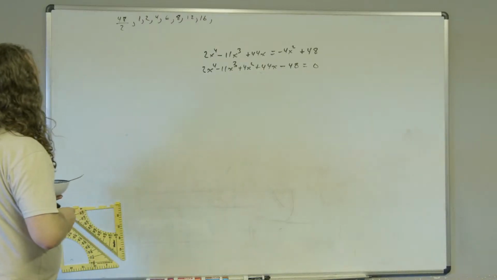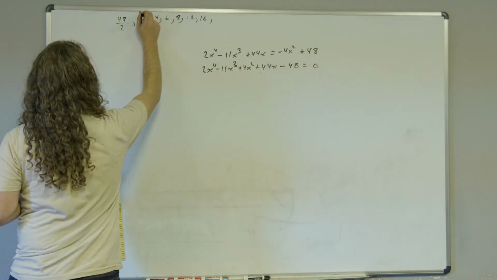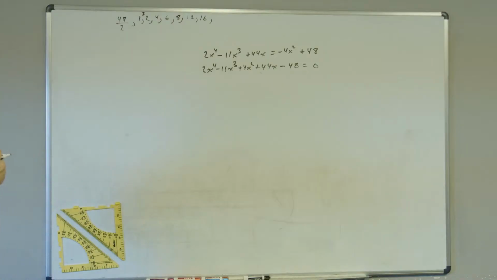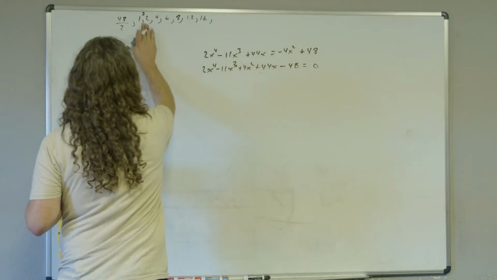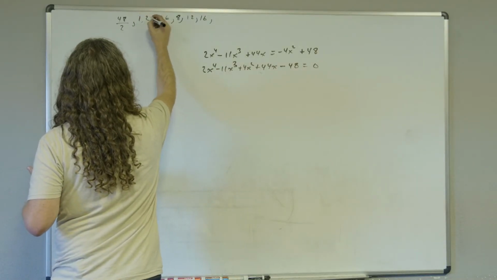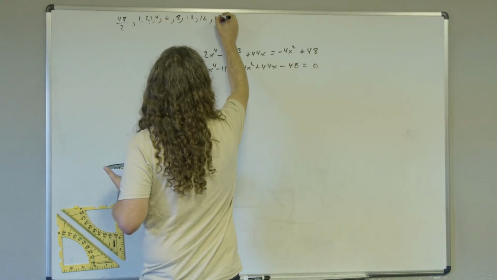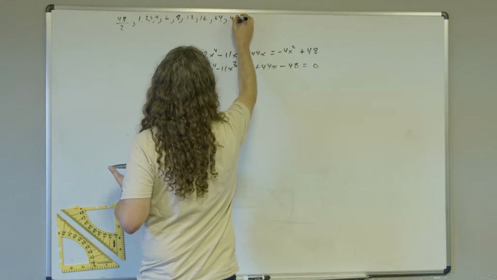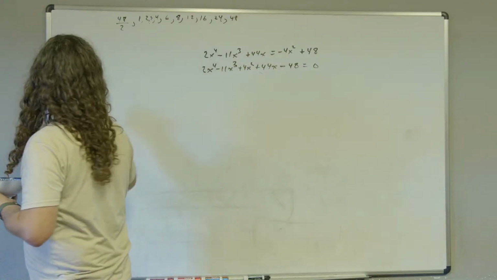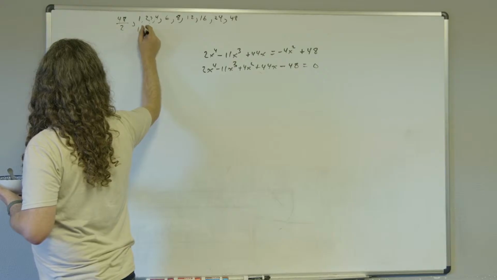Yes, 3, because 4 plus 8 is 12, which is divisible by 3. 24, and then 48. And then 1 and 2.